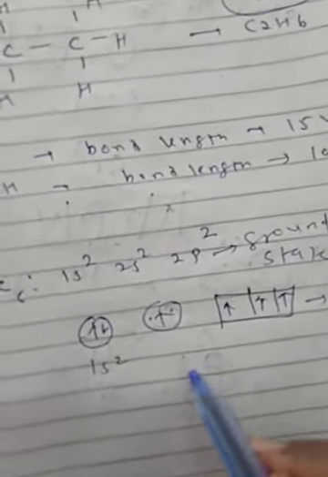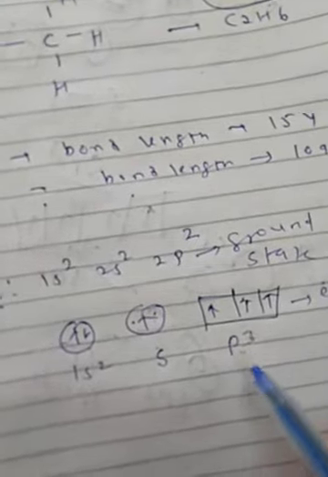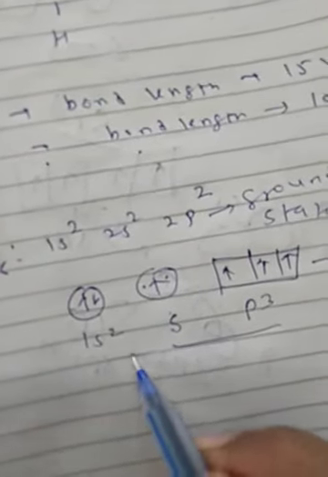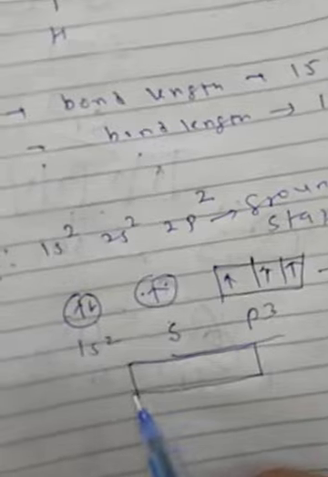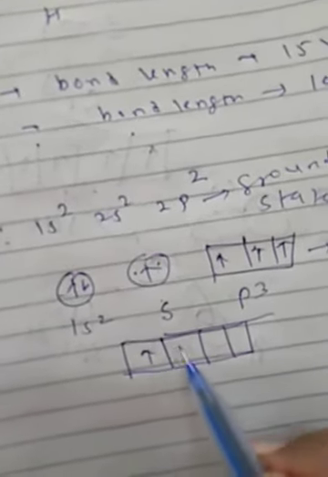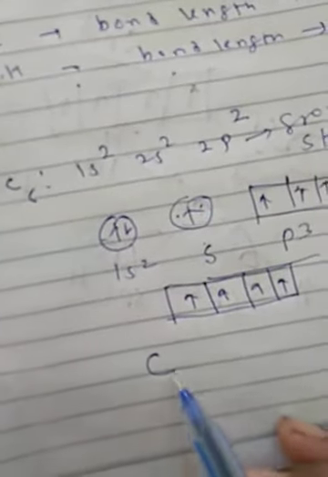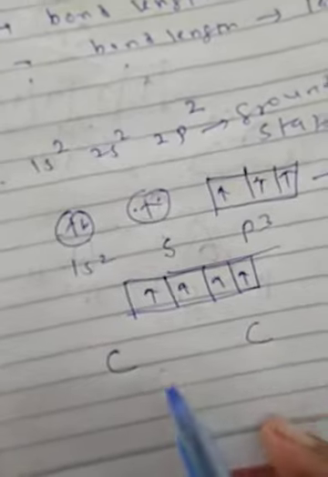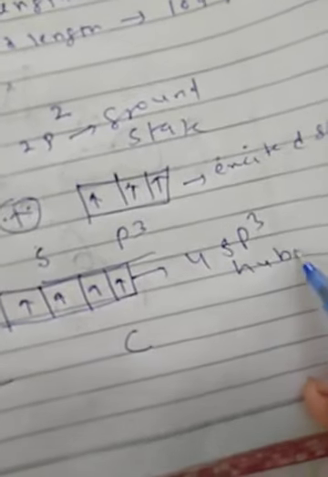This is called excited state. Here hybridization of 1s and p3 will result into 4 hybrid orbitals, 1, 2, 3, 4. Mixing of 1s. So in carbon you can see this carbon and this carbon, 4 hybrid orbitals. These are 4 sp3 hybrid orbitals.